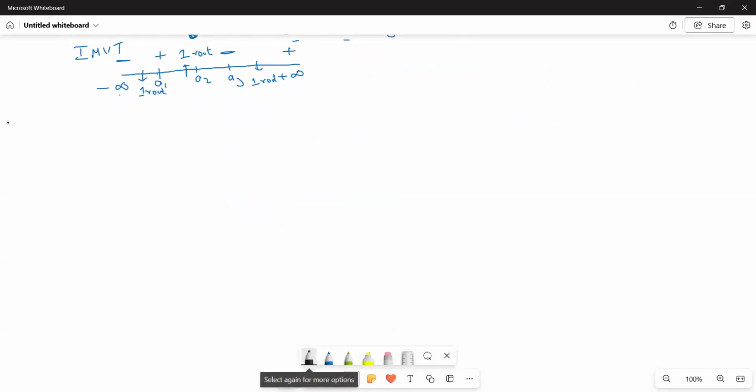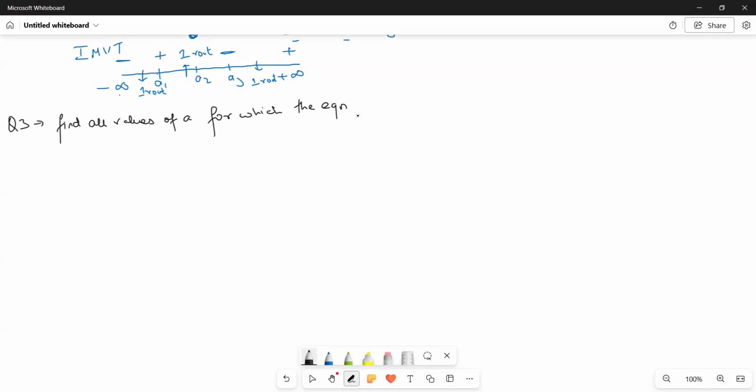Next. Question 3. Find all values of a for which the equation x^4 minus 2ax square plus x plus a square minus a equal to 0 has all its roots real.